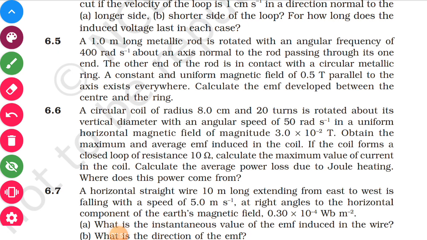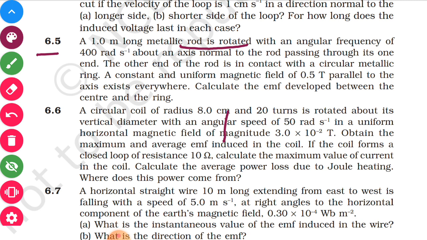Now 6.5. A 1 meter long metallic rod is rotated with an angular frequency of 400 radian per second about an axis normal to the rod passing through its one end.